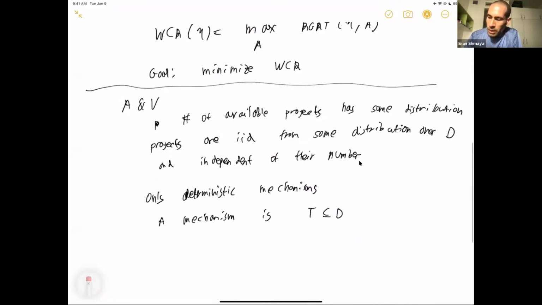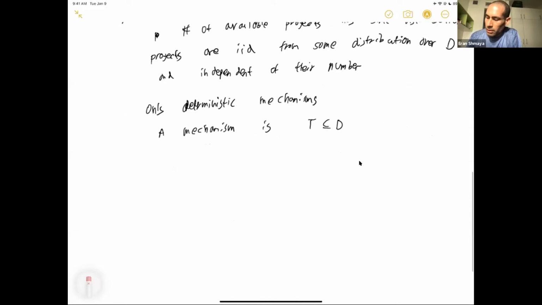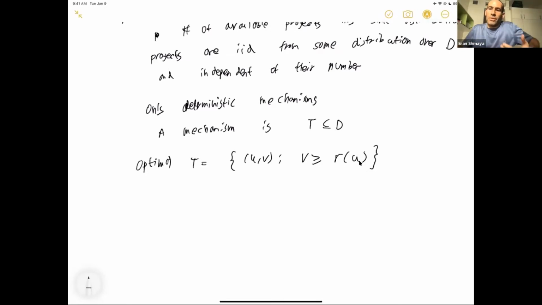Their theorem is that the optimal T is of the form (U,V) such that V is greater than some function R of U. So R is some threshold function, and V is greater than some function of U means that I see your payoff. I want to get at least something that depends on your payoff. And they also find a control problem that pins down R.